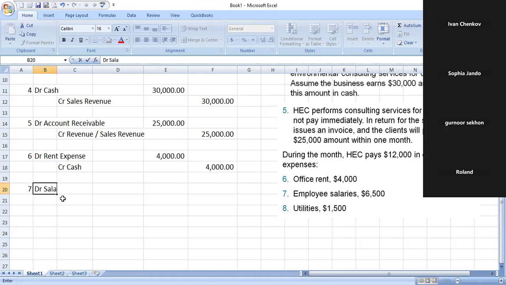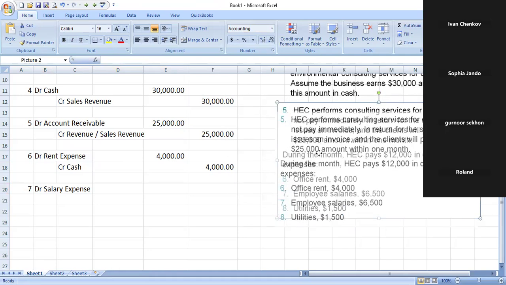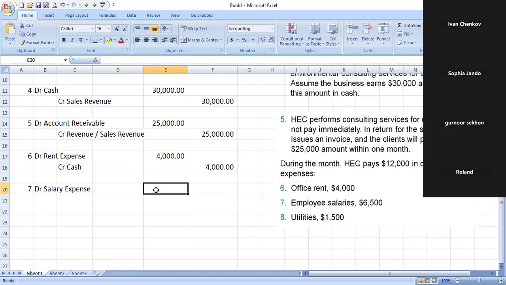Let's go with salary. And how much we pay for that? 6,500. How did we pay salary? With cash. Please, when you have employee, make sure you pay them salary in cash. Don't leave it in salary payables.